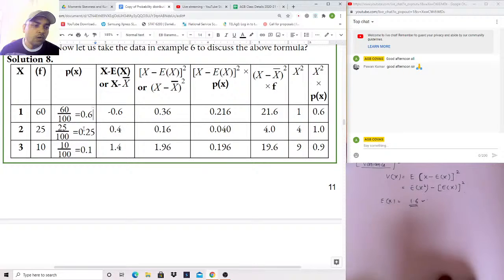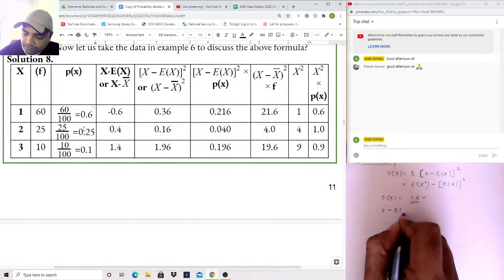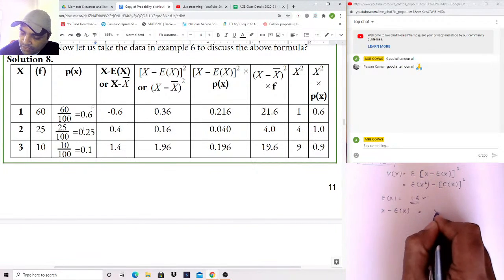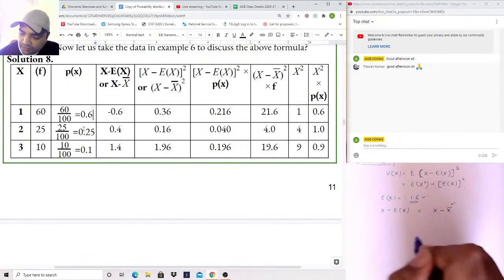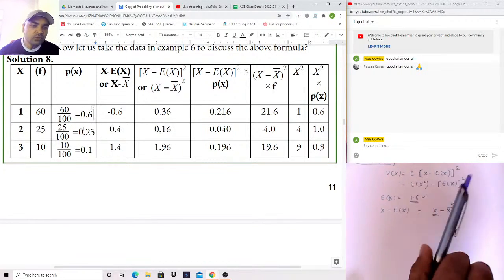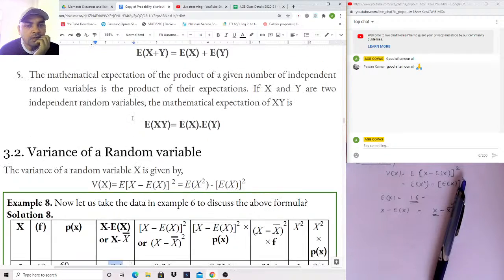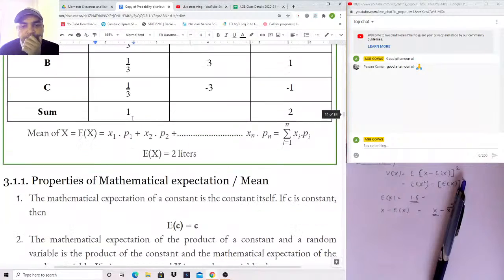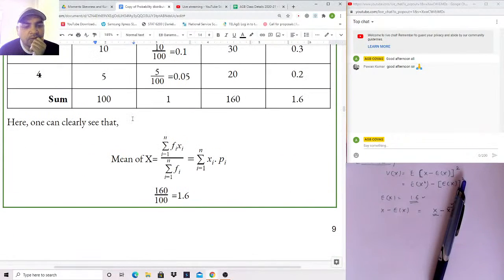Now if we calculate X minus E(X), as you are deducting the mean from the value, here X is 1 and you have to deduct 1.6.